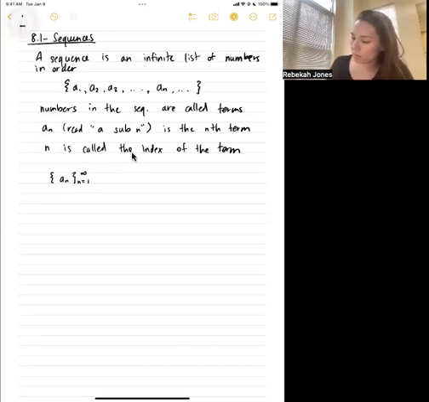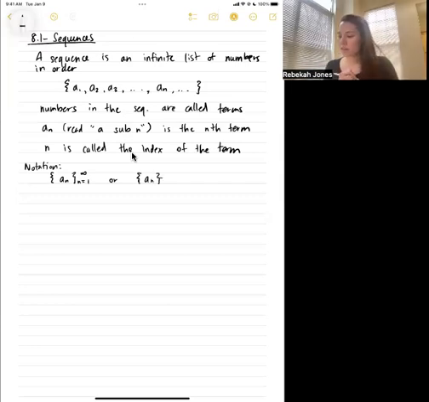So this is our notation for a sequence. And sometimes we just drop the n equals 1 and the infinity, so we could write it just like that. If you don't see an index, you can assume that it starts at 1.